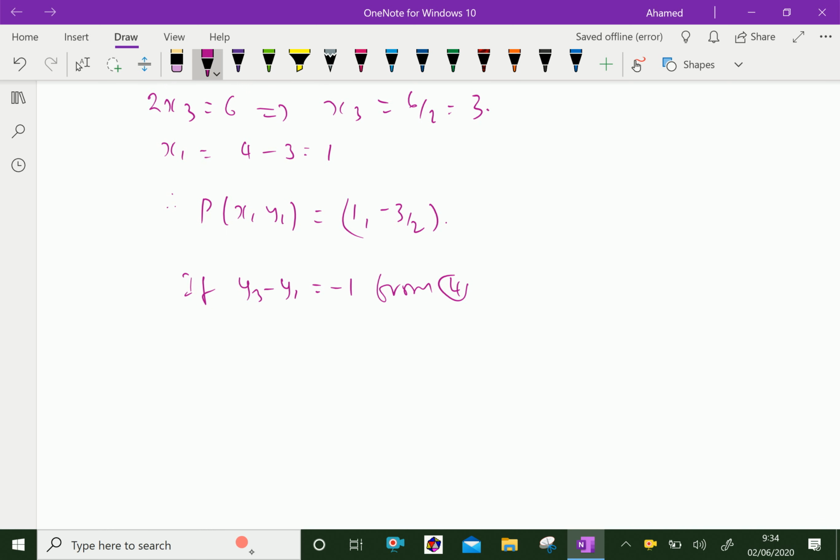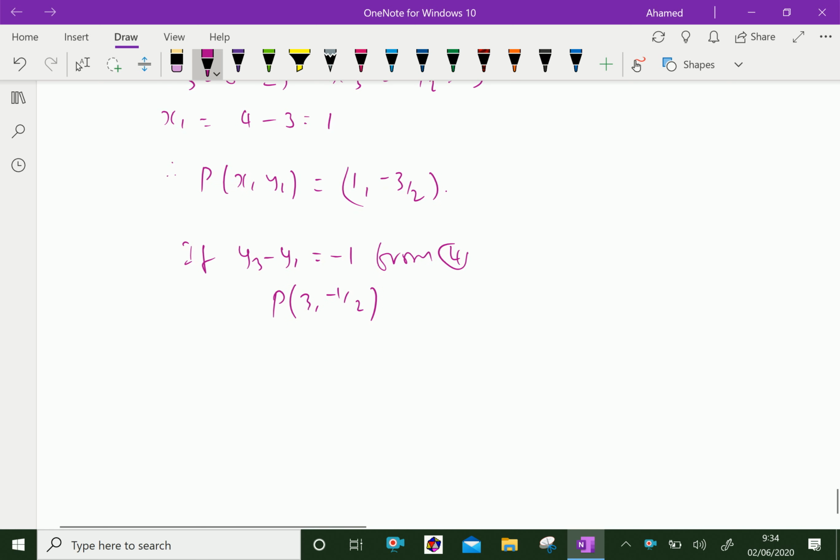From equation 4 we can get P as (3, -1/2). So the coordinates of point P are (±1, -3/2), or the coordinates are (3, -1/2). We have done.